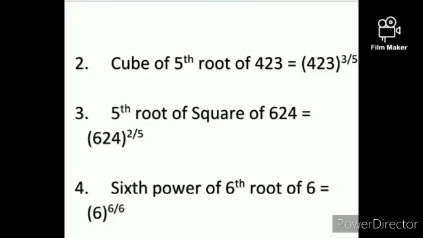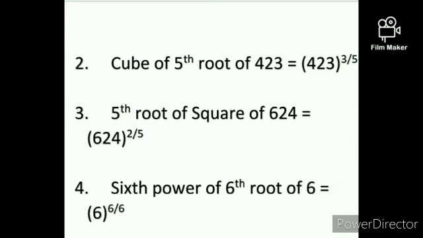The next example. Cube of 5th root of 423. So first we have to write 423 in the bracket. Then the index. Now in the index, what is your power? Cube. Cube means 3.